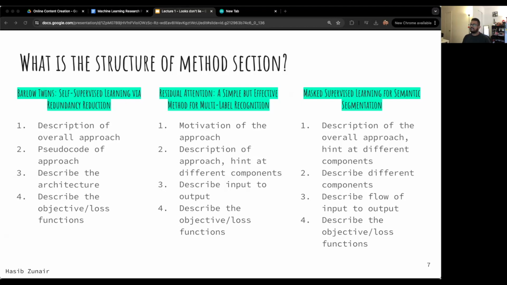Afterwards, they discuss the input to the output for these different components and the loss function that is used to train these models. For the third one, they start off with a description of the overall approach, hinting at the different components. And then they explain these different components by describing the flow of the input to the output and then finally describing the loss functions.